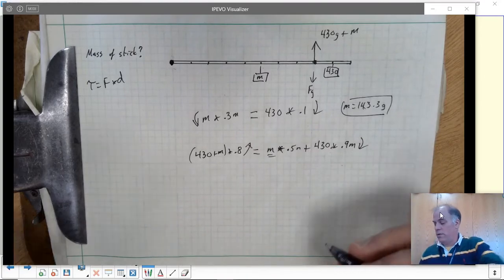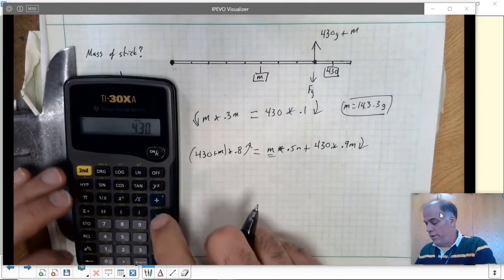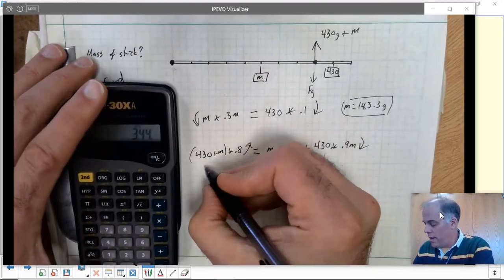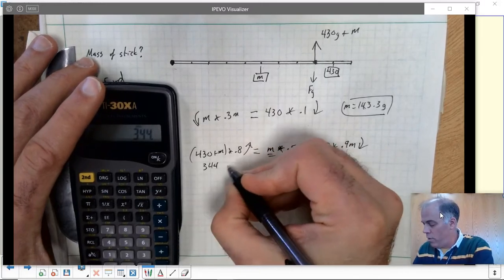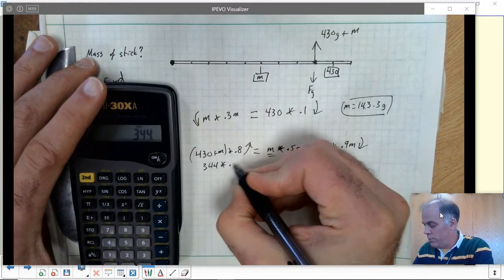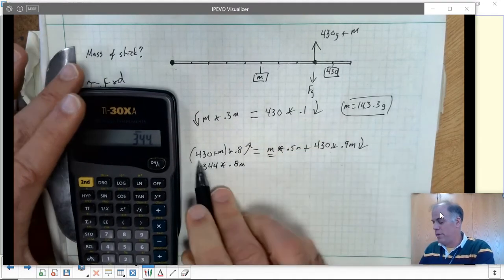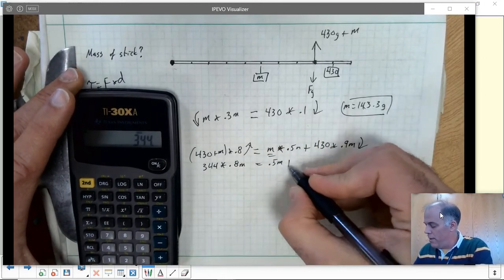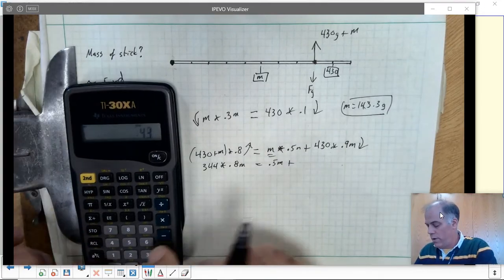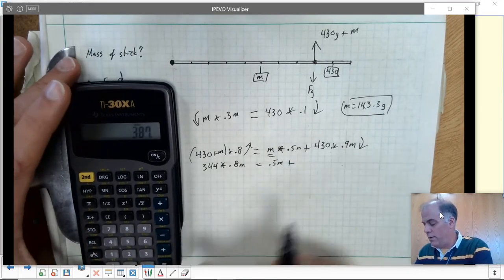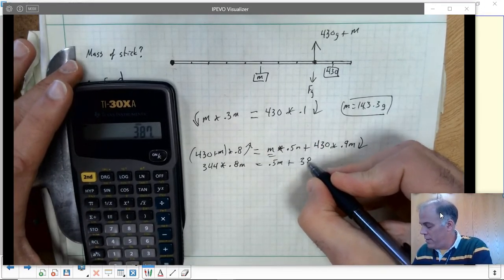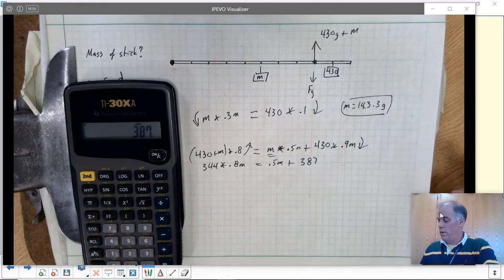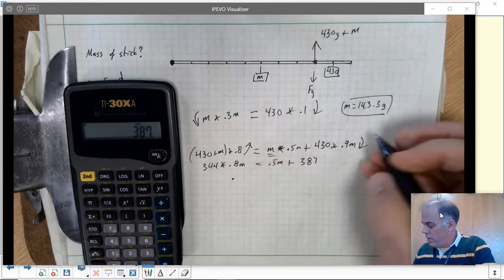So we get 430 times 0.8, so we get 344, plus 0.8 M. Distributing that is equal to 0.5 M plus 430 times 0.9, which is equal to 387. And we wind up with, well, I'm going to do it over here.